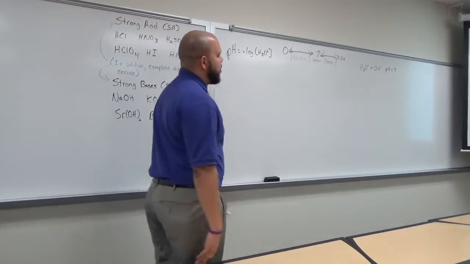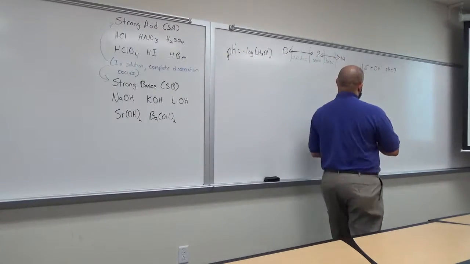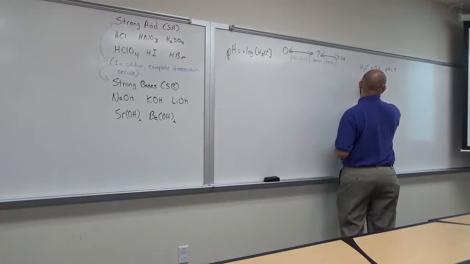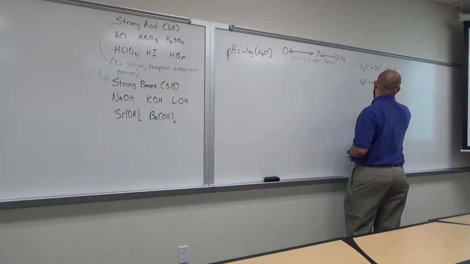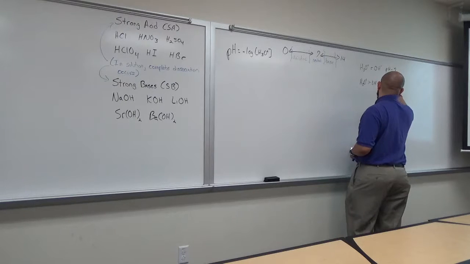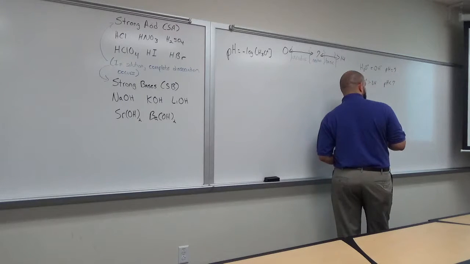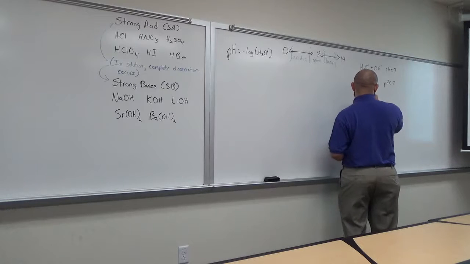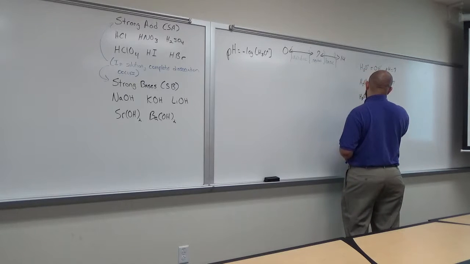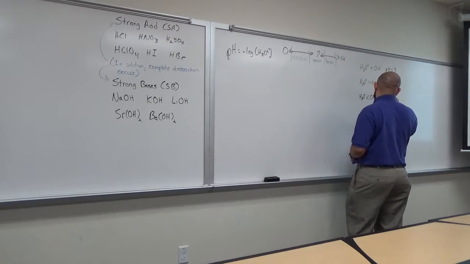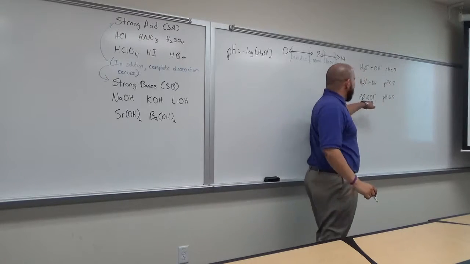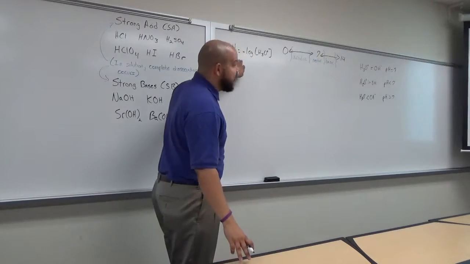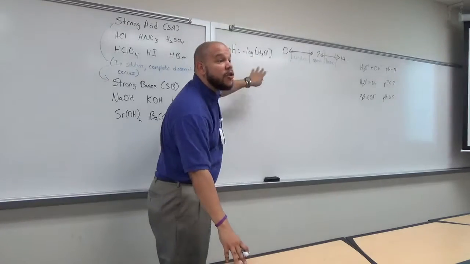Again, for a solution to be acidic, you have to have H3O plus larger than OH minus, and we have a pH that has to be less than 7. Then to be basic, we need an H3O plus that is less than OH minus, and therefore a pH that's greater than 7. All of these pHs are a function of this calculation, not a function of Kw.